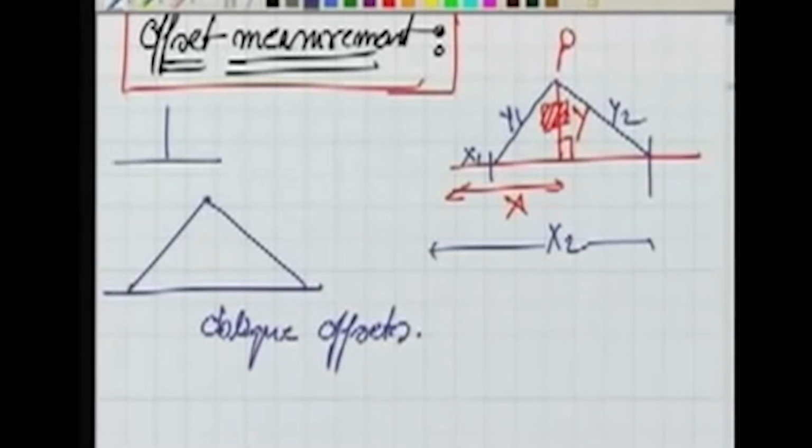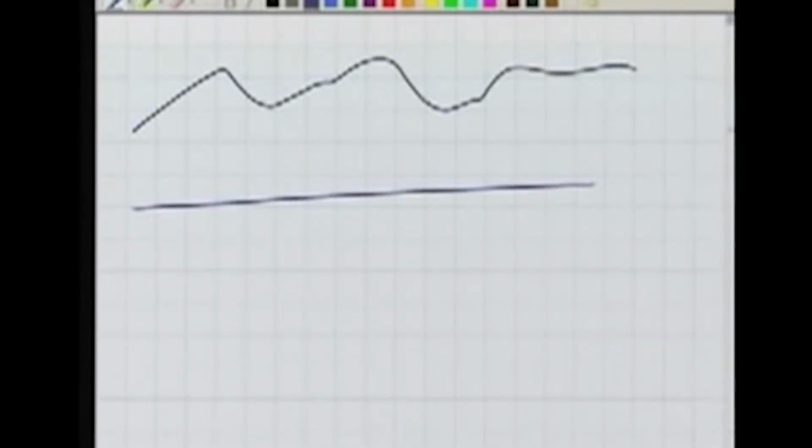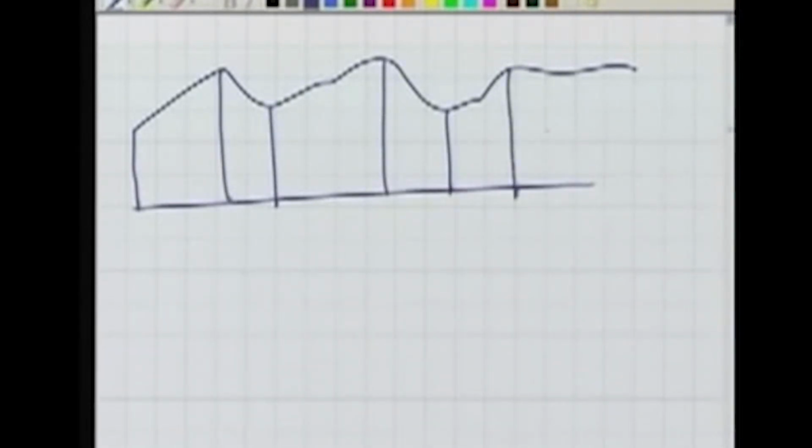Well, something more about taking the offsets. If this is my chain line, we have seen it, there is a feature which is variable. How to take the offsets? We can take the offsets wherever the feature changes its direction. We can consider all these points for taking the offsets. We need not take the offset at each and every point because it is a straight line here.